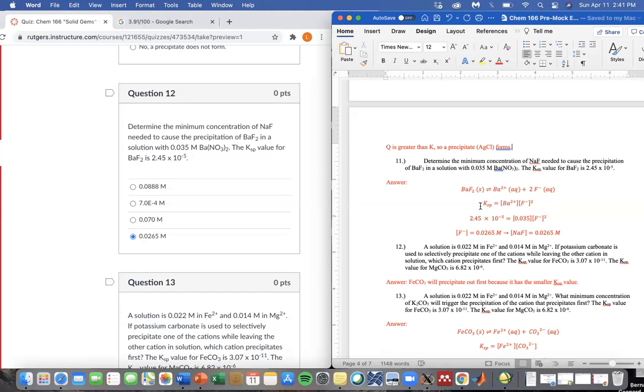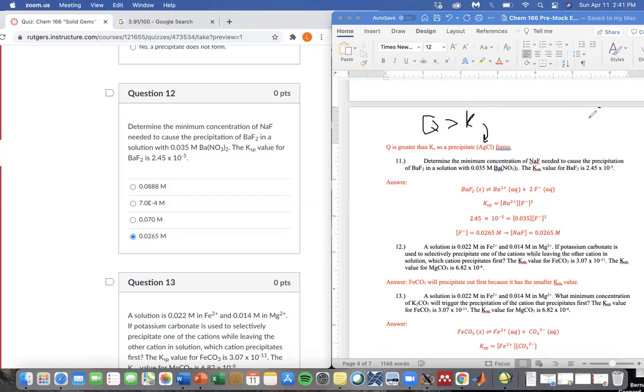Does the idea of K being the border between where there is and isn't precipitation make sense, so that when it asks for the minimum concentration, you can just use the K value? That's important for the next part of this too, with the selective precipitation. If you remember, if you had Q greater than K, you're going to form a precipitate.